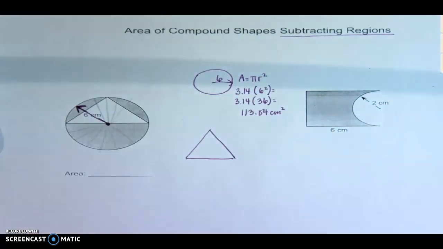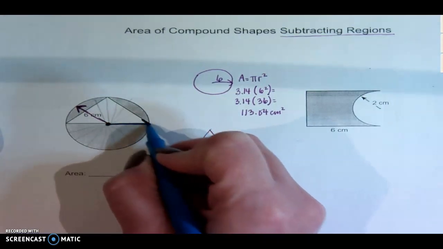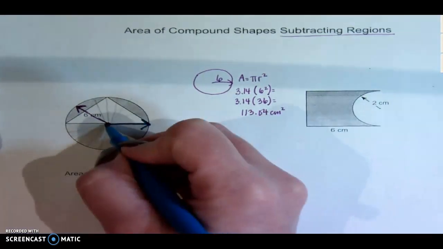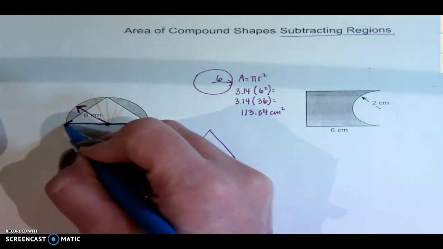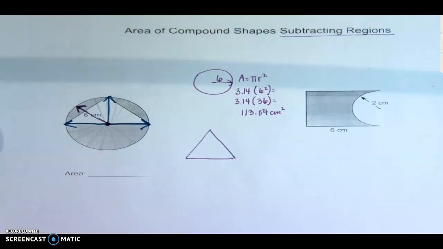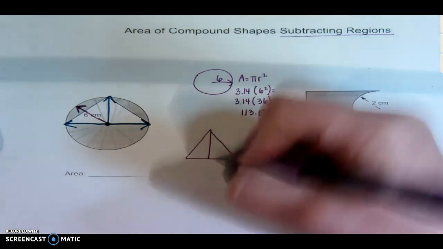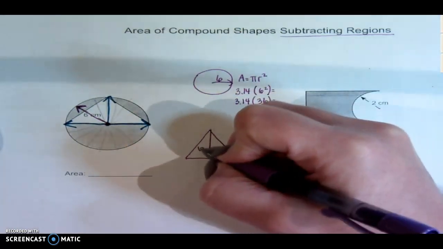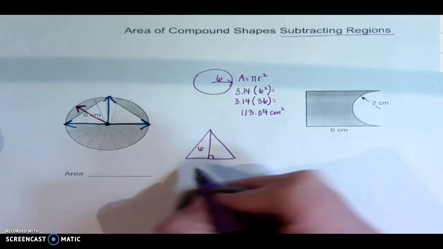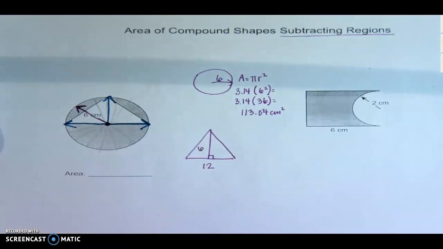And yes, it will give us enough information to find the measurements for our triangle, because the radius would go here, and it would go here, and yes, it will go here to give us very important measurements. So the height of our triangle would be 6 centimeters, and the base of our triangle would be 12 centimeters.